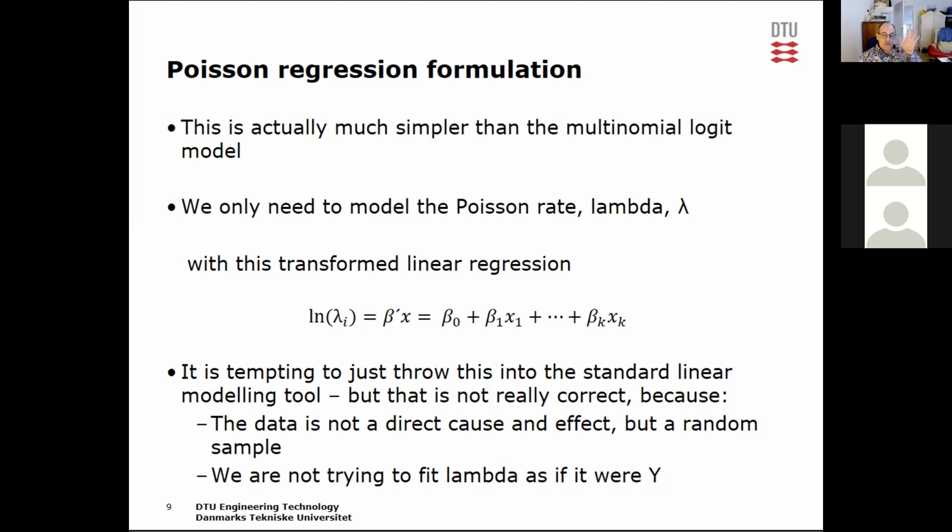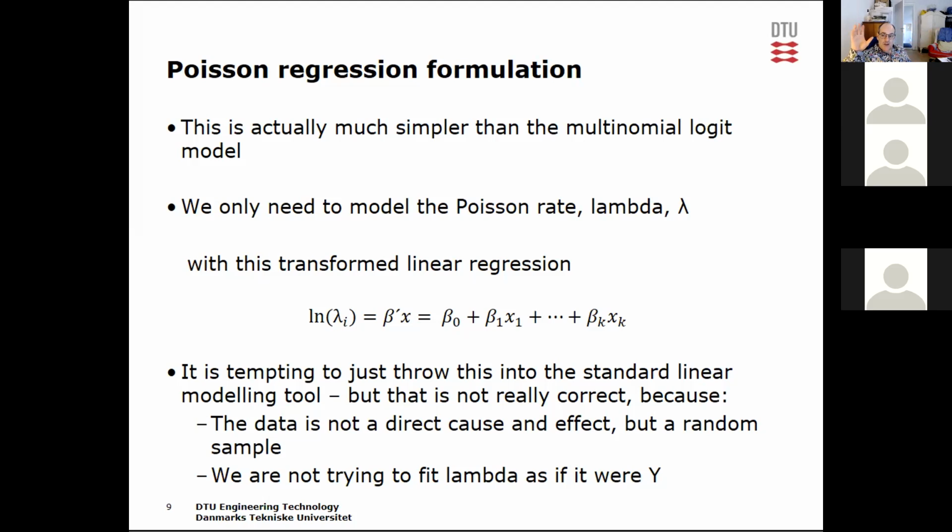Same concept. On the left side, we have a random distribution, and we are trying to use the betas, the coefficients and the x to estimate the parameter of the random distribution that is driving the output.